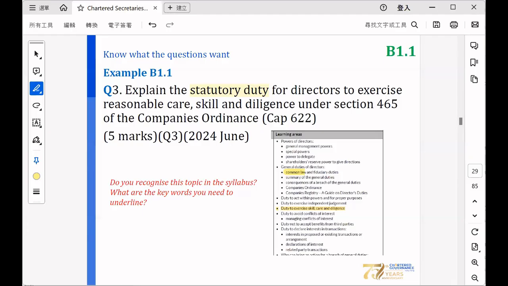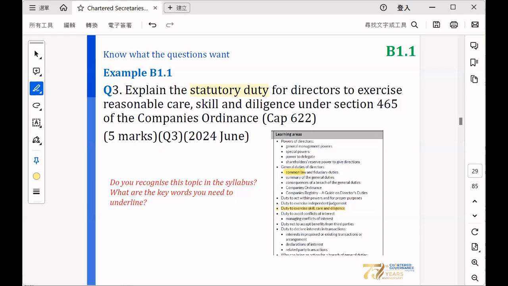If you compare with a reasonably diligent person with the knowledge and skill that may be expected of persons carrying out the functions carried out by the directors in relation to the company, that is the objective test. If you're not too familiar with these two concepts, you are advised to revise them again.